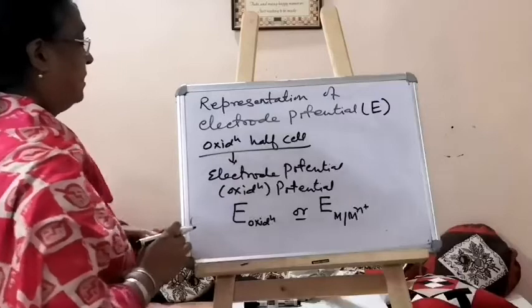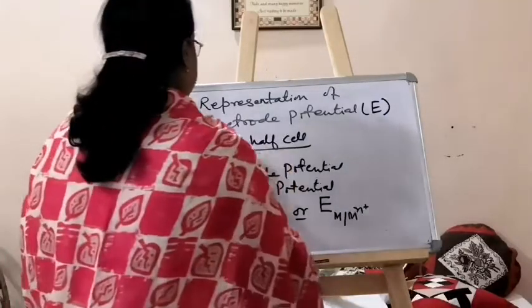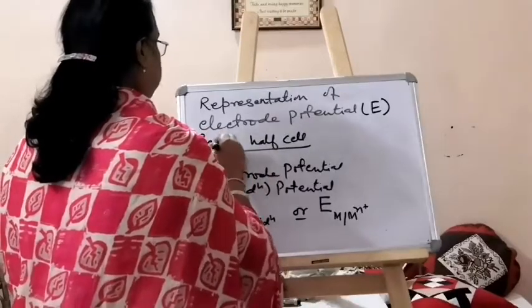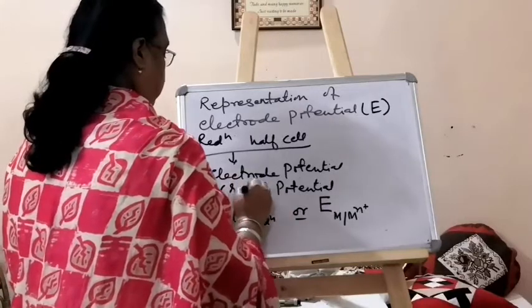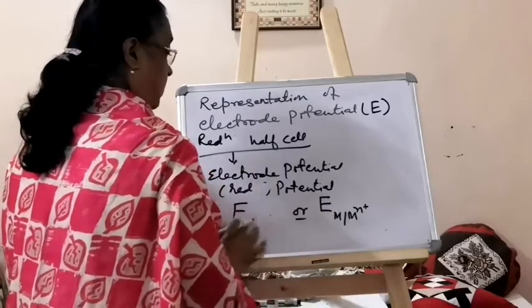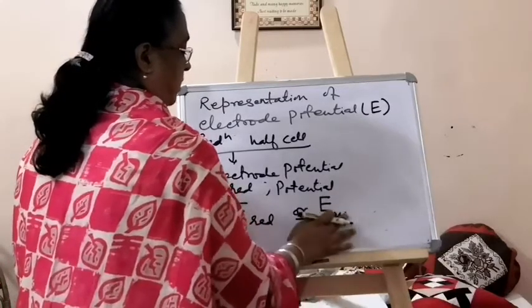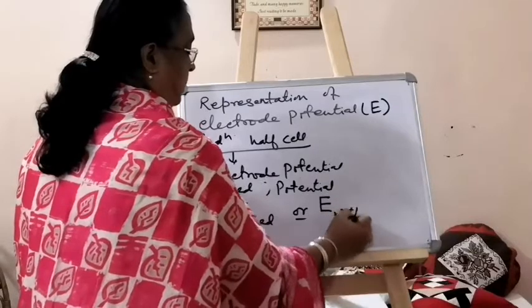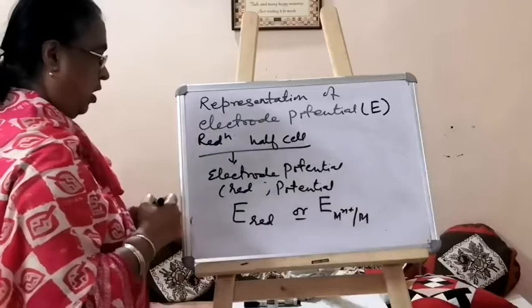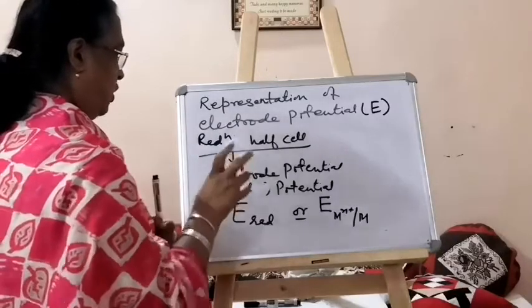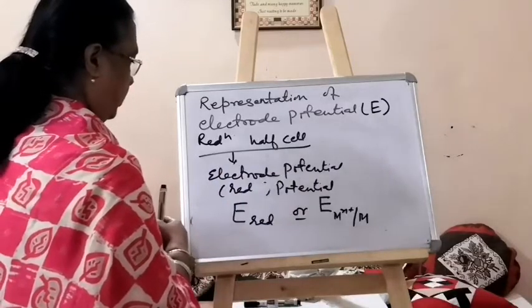These are the methods by which we show oxidation potential. And the reaction taking place in the reduction half cell is called reduction potential. For reduction, it will be RED, and here it will be metal ion into metal. So this is the method of representation of the electrode potential of a single half cell, also called single electrode potential.